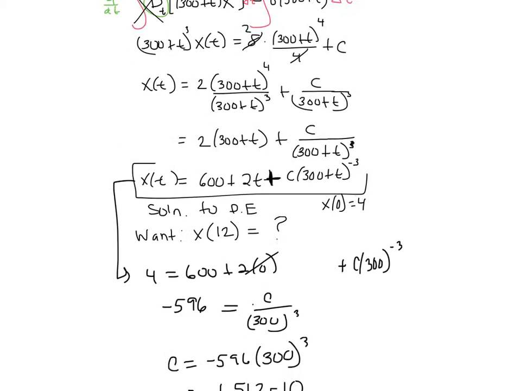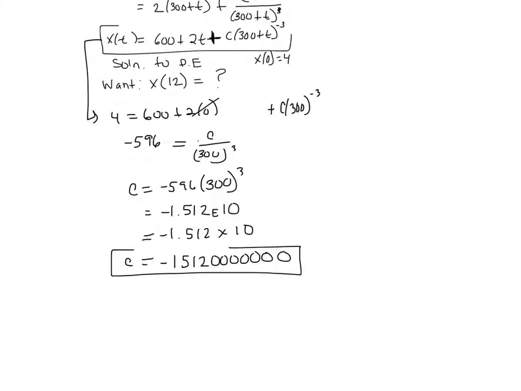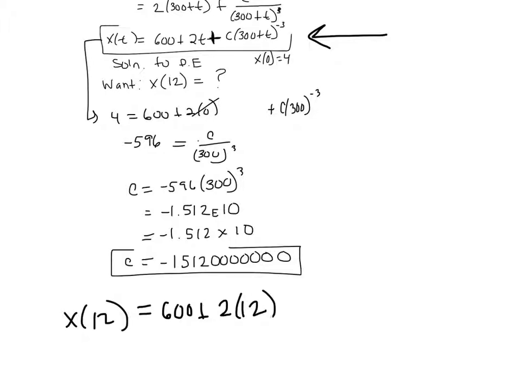I'm running out of room here, so then I get x of 12 is equal to, and again I'm just using the expression above, inserting 12 for t, so I get 600 plus 2 times 12, and minus c, which is really that c, over 300 plus, t is also 12 again.